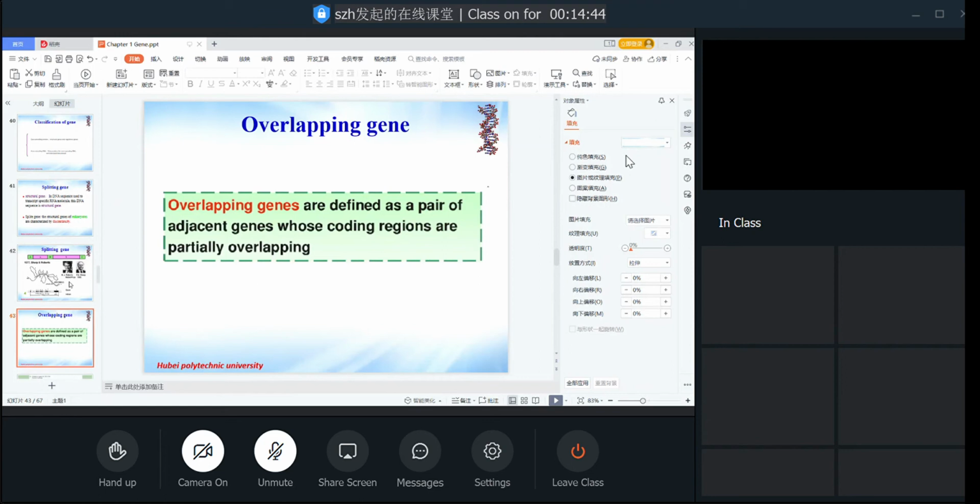Overlapping gene definition. What does it mean?